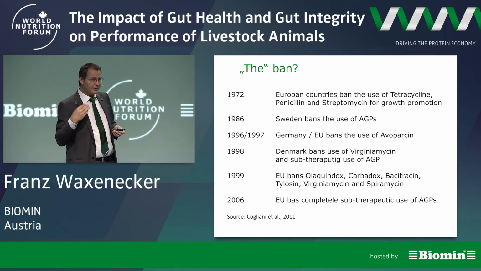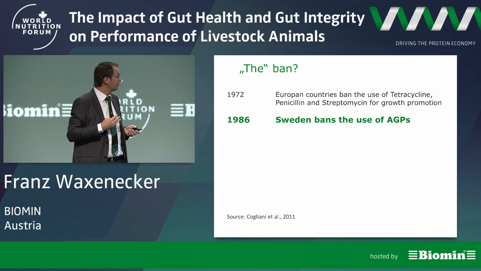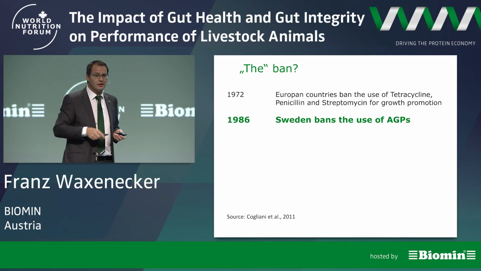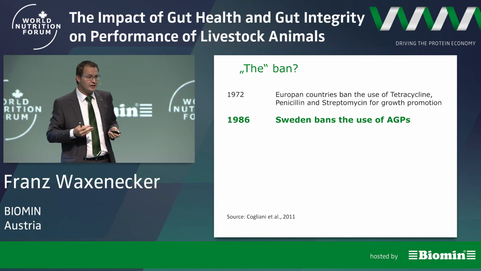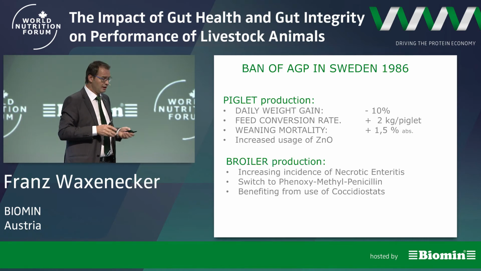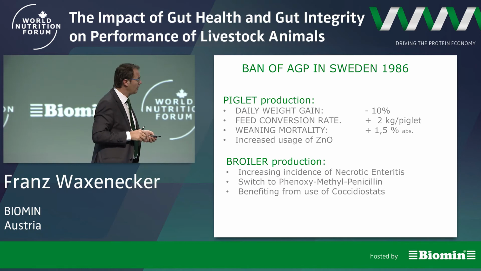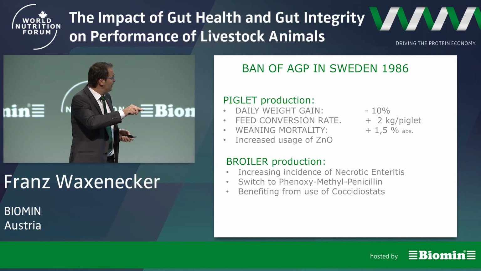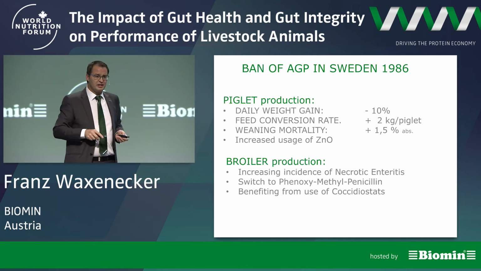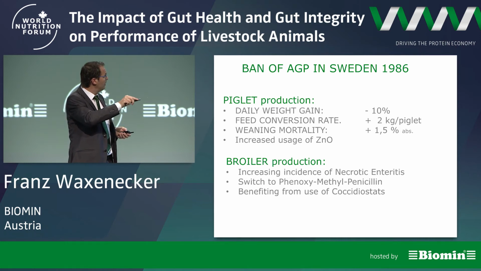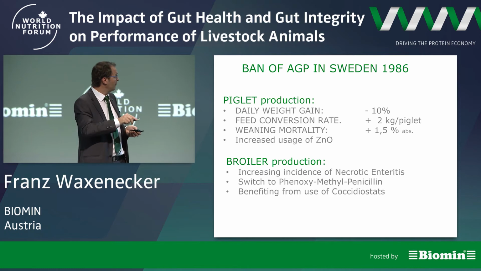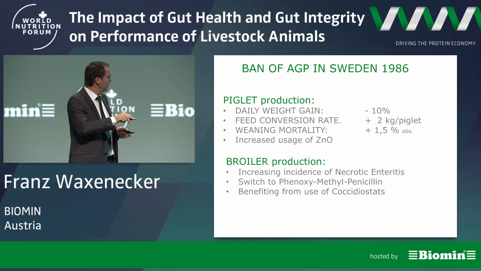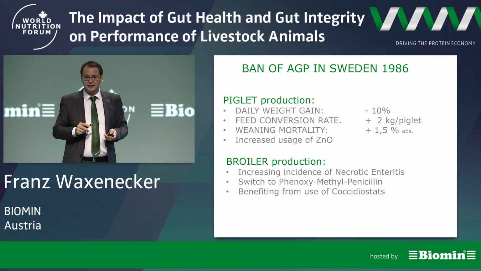And if we look back, what did we see? What did we learn out of the ban of growth promoters in Sweden in 1986? I summarized, I don't show all the papers here. In piglet production, a minus 10% in weight gain, a plus 2 kilogram feed per piglet, so feed conversion became worse, mortality increased, usage of zinc oxide increased.